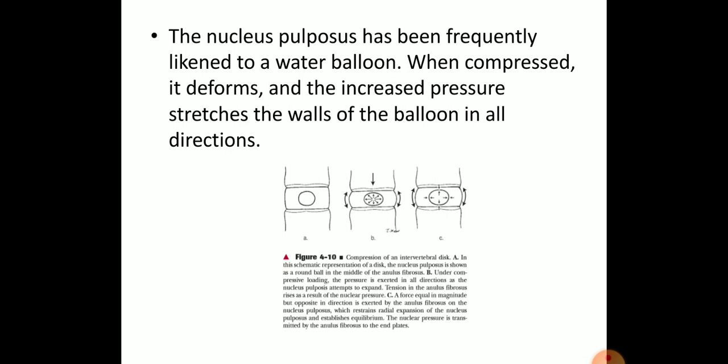So whenever we apply force to this water-filled balloon, the walls or boundaries of the balloon will expand, increasing the surface area and reducing the compressive forces. That's the actual function of the nucleus pulposus.